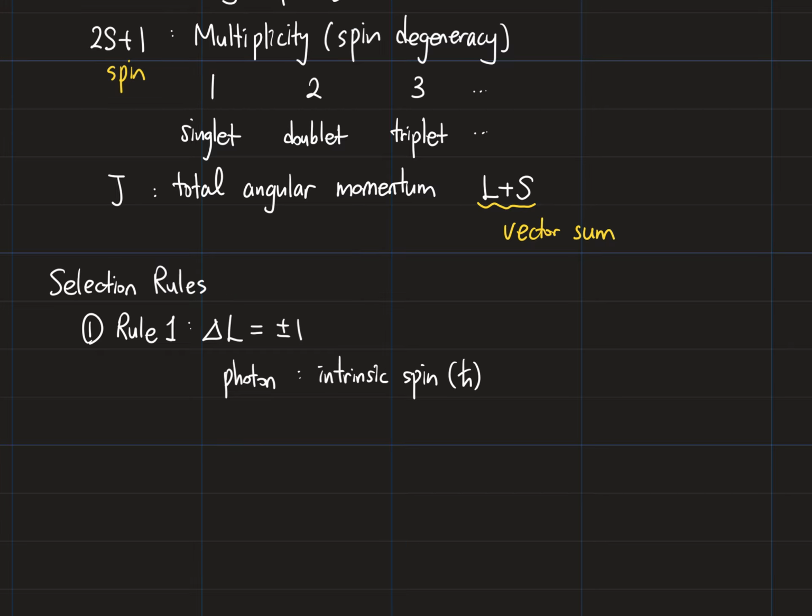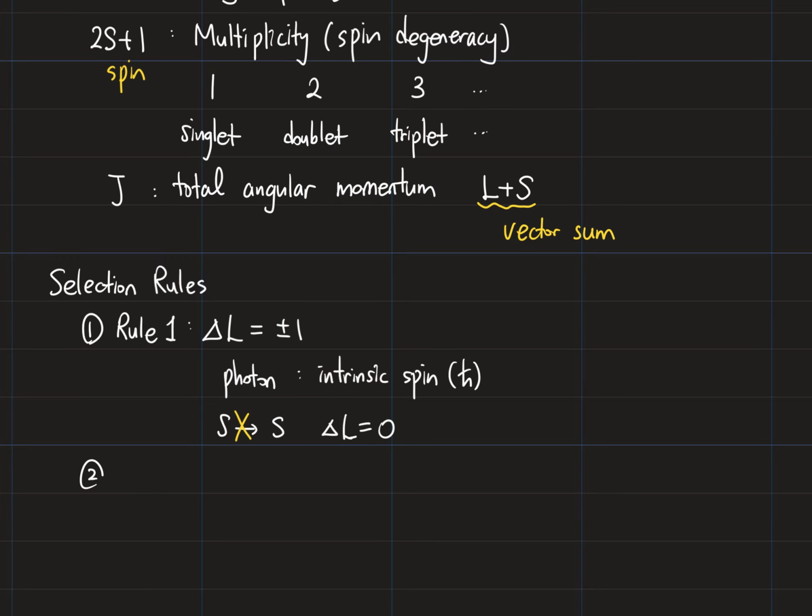So to conserve angular momentum, the atom must give up or gain exactly that amount. This means an electron cannot jump from an s orbital to another s orbital. From s to s, the change of the orbital angular momentum is equal to 0, so this transition couldn't happen.